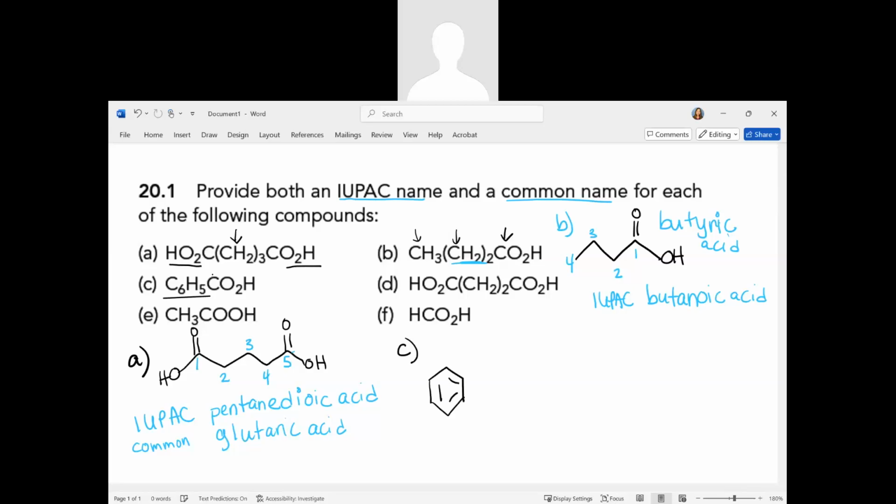So this is our C6H5, and then we have COOH, so that would be here. If we were to name this as an IUPAC compound, this would be benzene carboxylic acid. The common nomenclature, so that's IUPAC, common we'll write down here, is called benzoic acid.